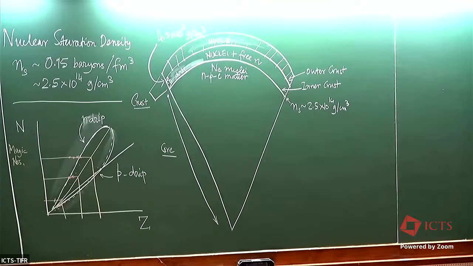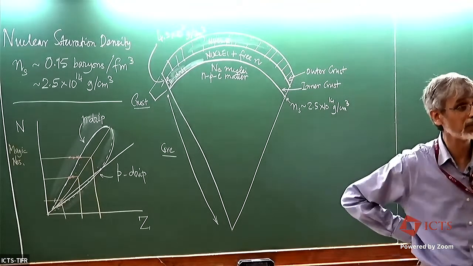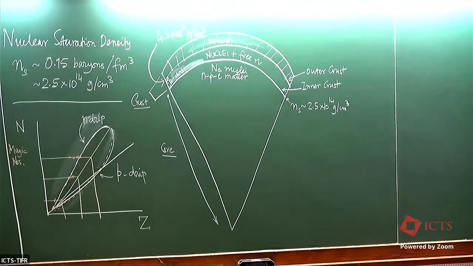Okay, so how do we know that it is not being supported only by degeneracy pressure? We can compute the structure of a configuration which is supported only by neutron degeneracy pressure and then see what we get.